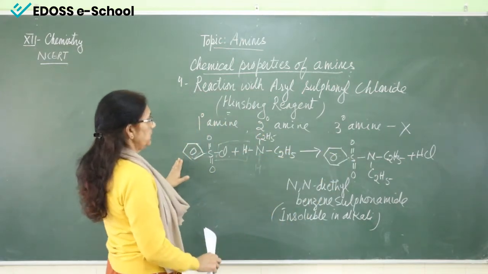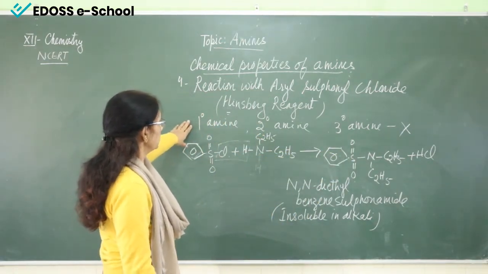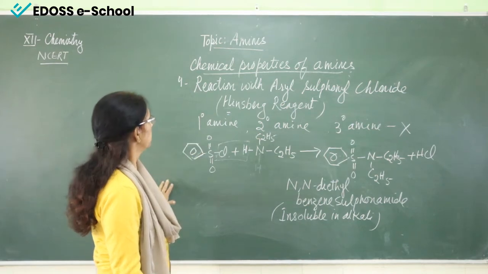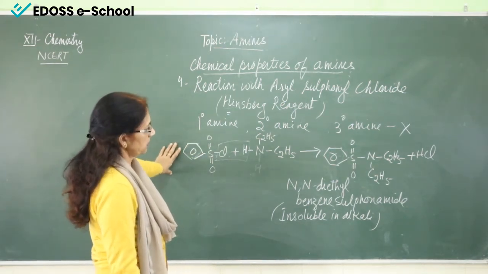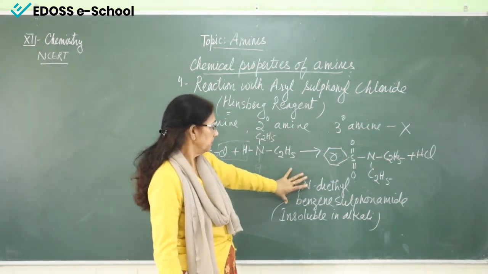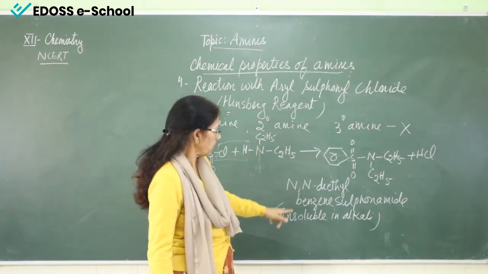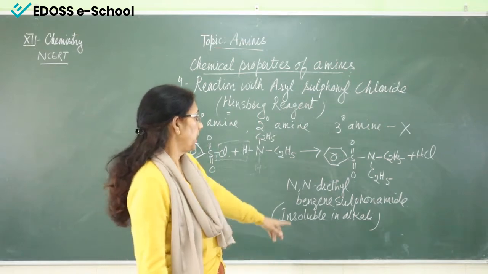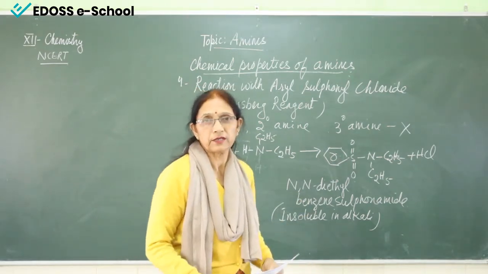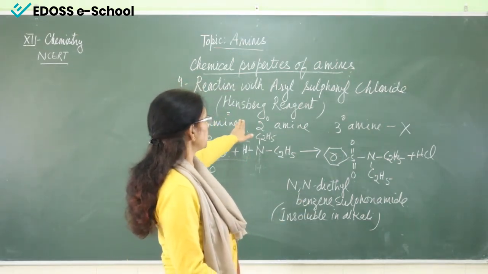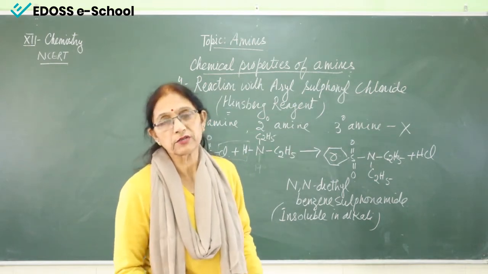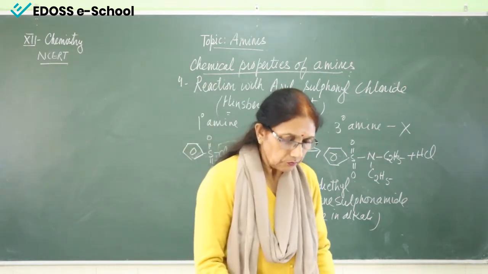Primary amine is giving this test and secondary amine is giving this test. This compound is formed and it is insoluble in alkali. So we can identify whether it is primary or secondary, because tertiary is not giving this reaction. So this is the fourth reaction.